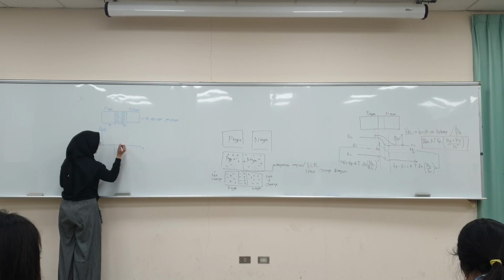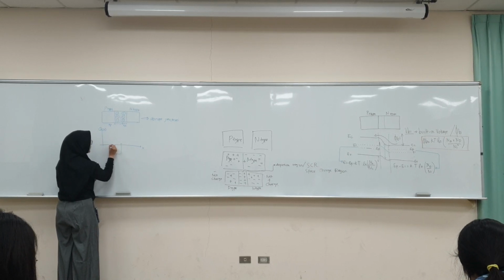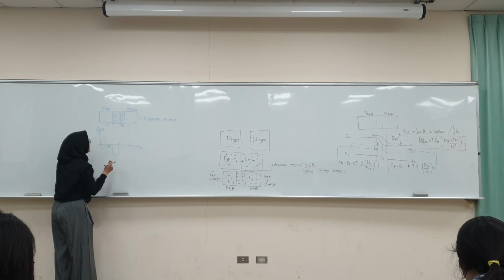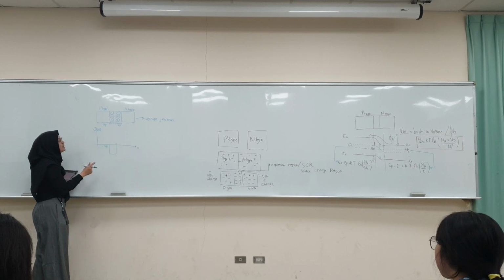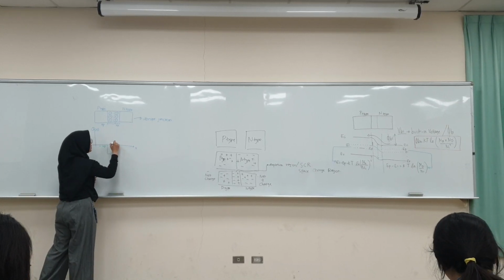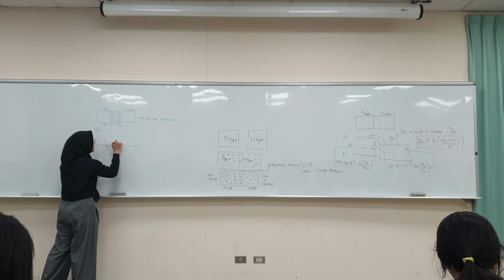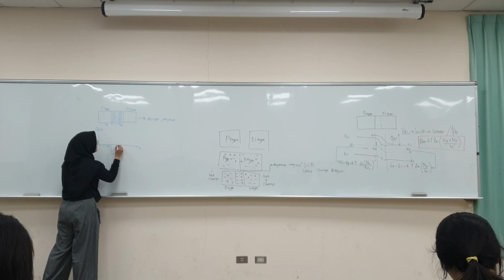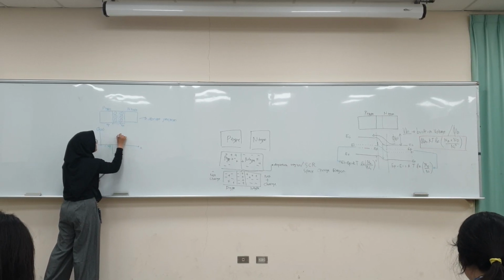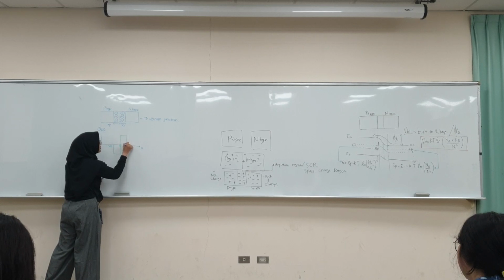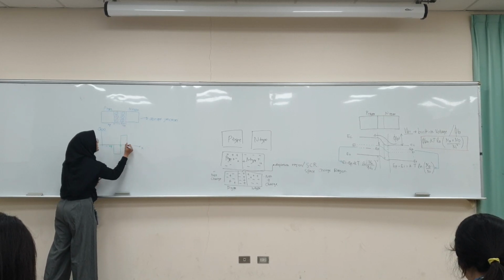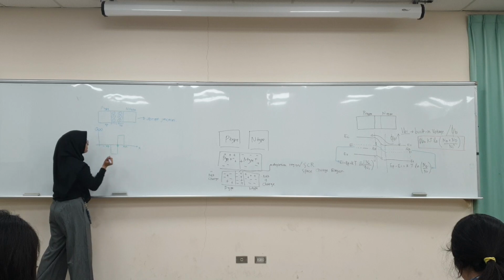So this is here, and this one will be minus Xp. And then at the other side, we will get the positive charge. So we will draw something like this to represent this area as Xn.